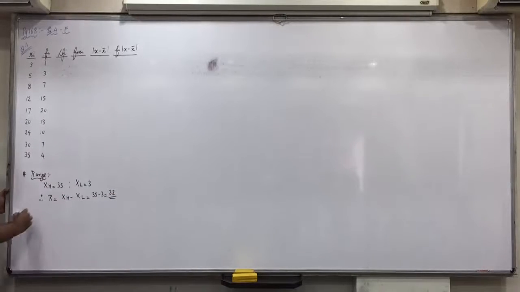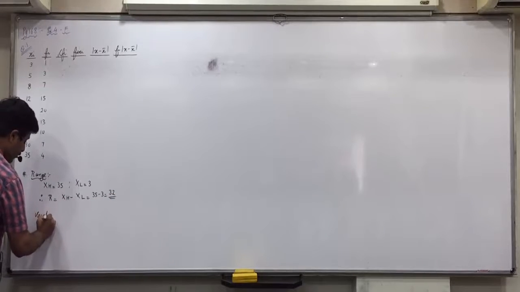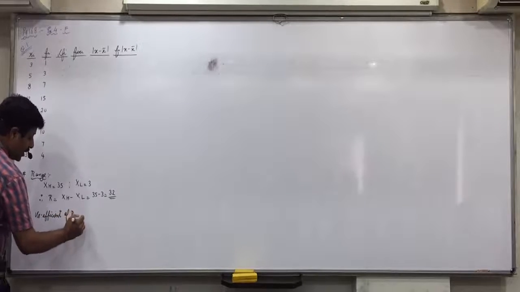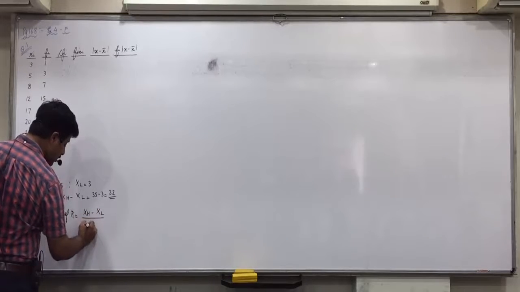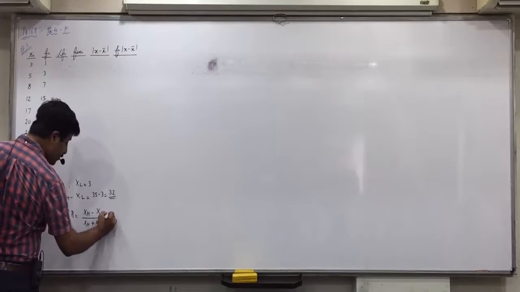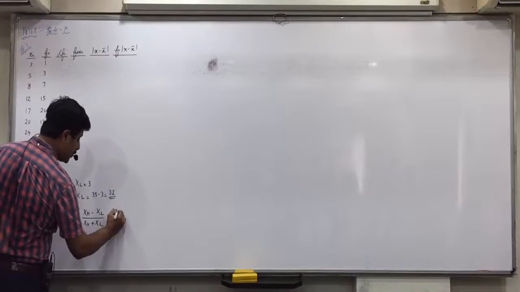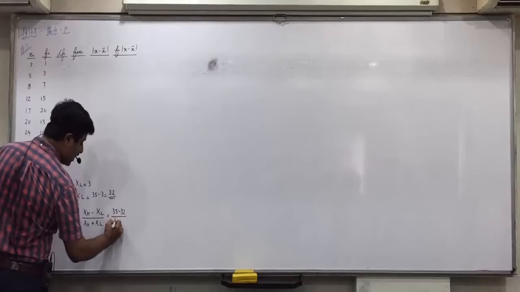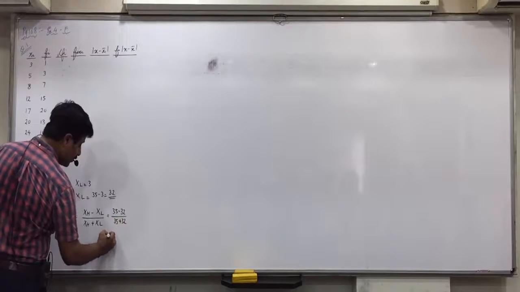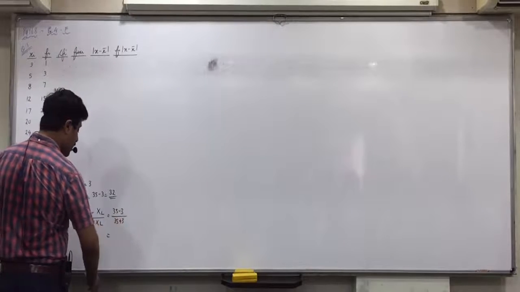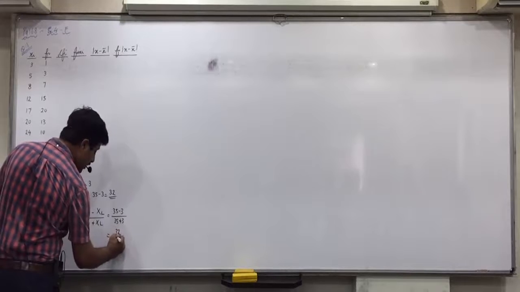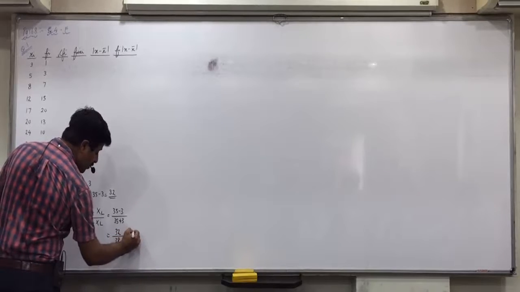And coefficient of range is also asked. So coefficient of range is equal to XH minus XL upon XH plus XL. So 35 minus 3, I'm sorry, 35 minus 3 upon 35 plus 3. 32 upon 38, 0.84.